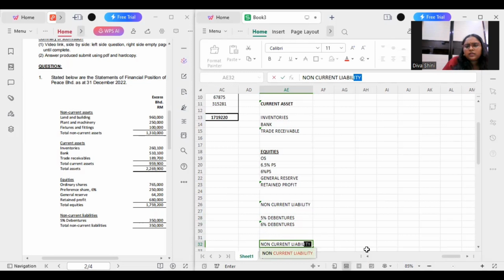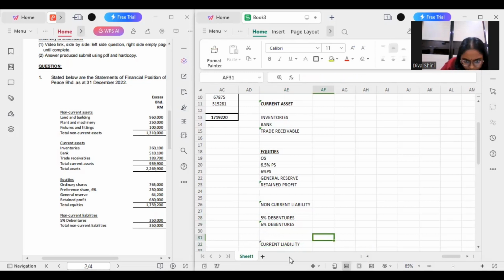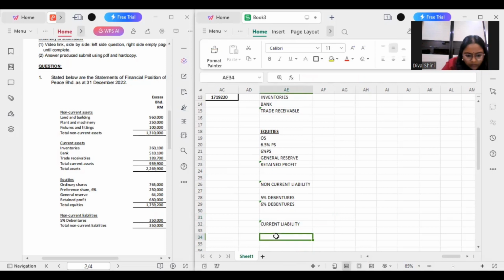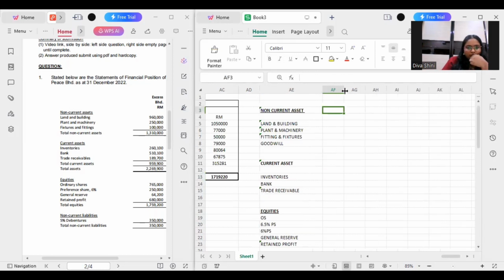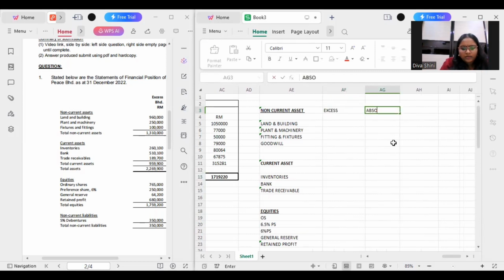Current liability is trade payable and payable. So for this SOFP, we need to do 3 calculations, which are for excess, absorption, and total.